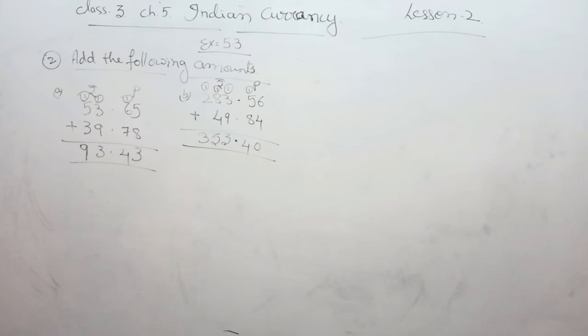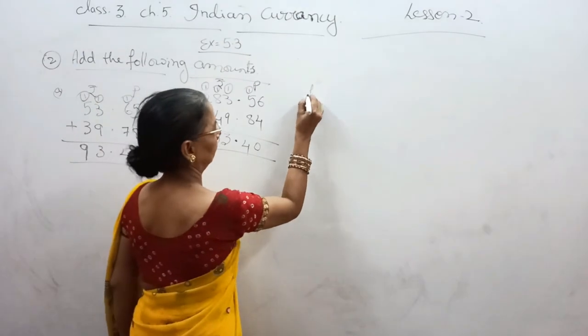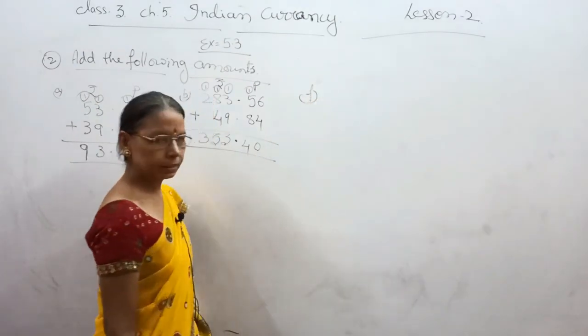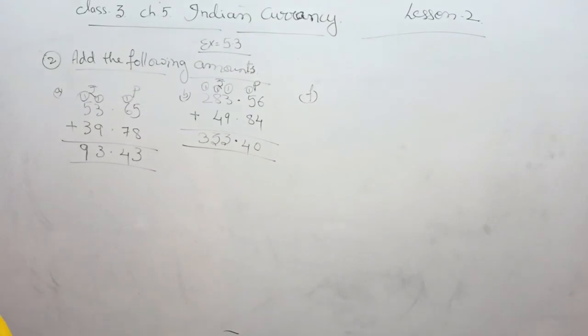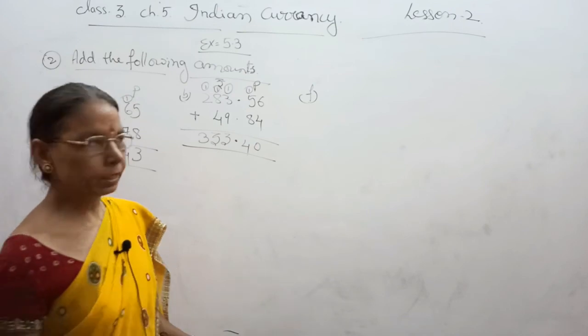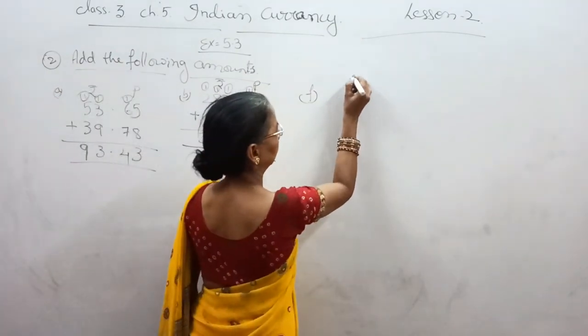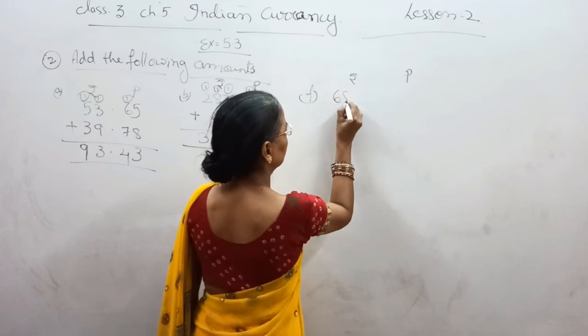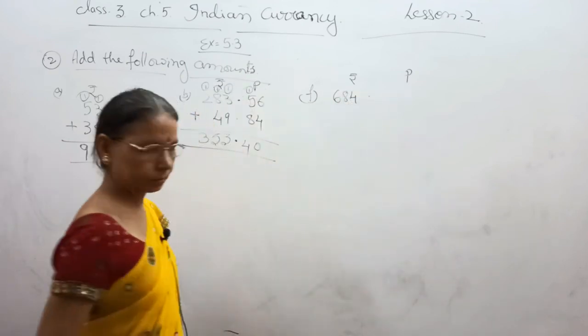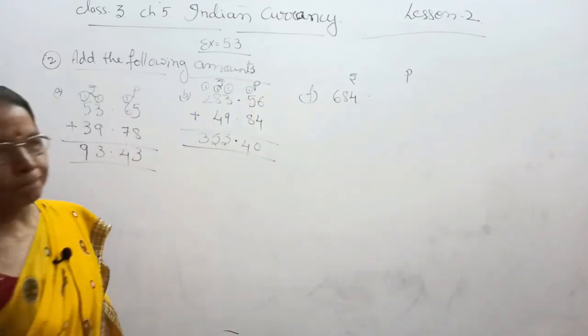I will show F, because it is the 3 columns sum. I will show one of that one, that is F: rupees 684.55 paise.